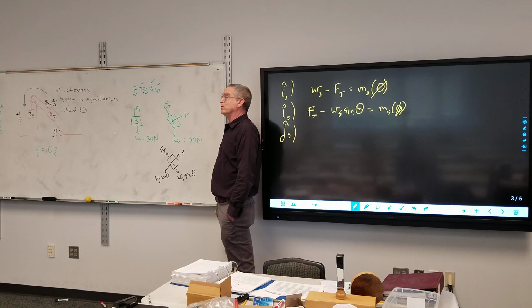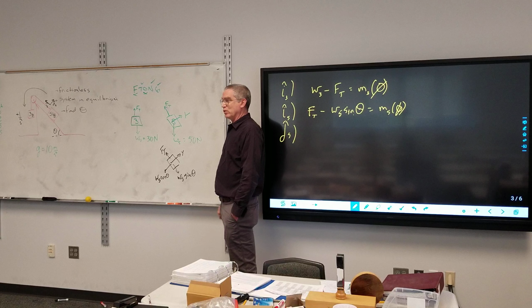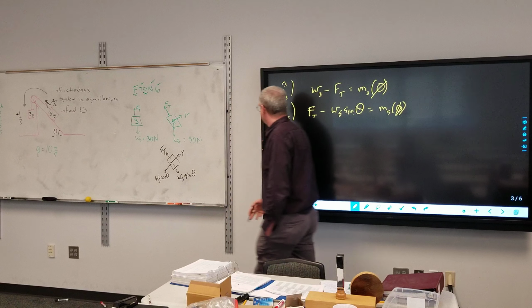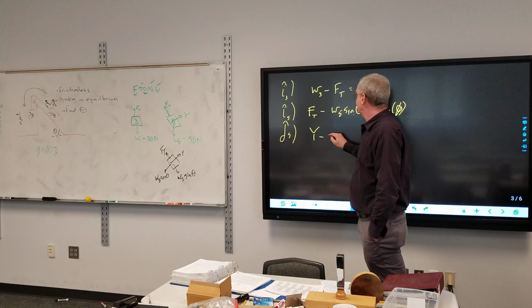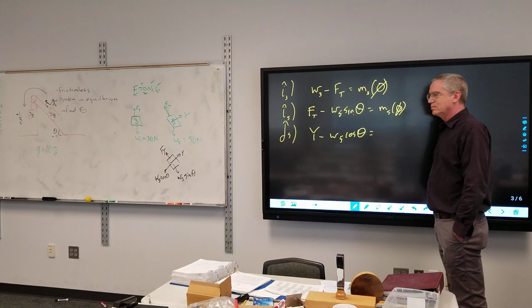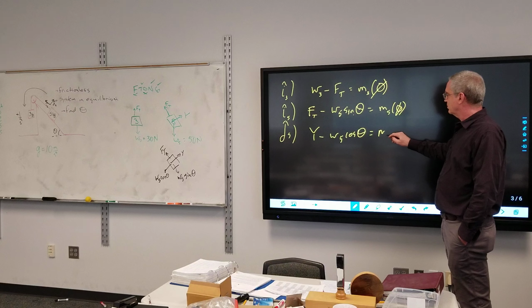As long as you put vector symbols over it, then that is a true statement. It's not backwards, though. Would it be the normal force minus W5 cosine theta equals M5 times 0?